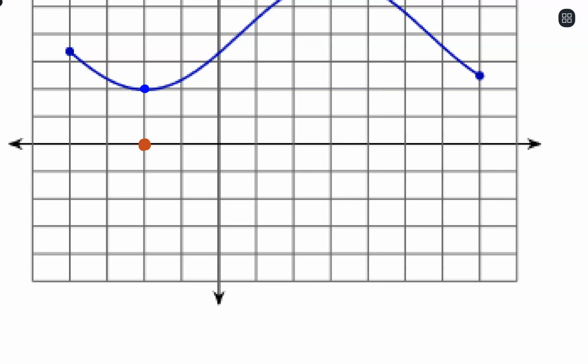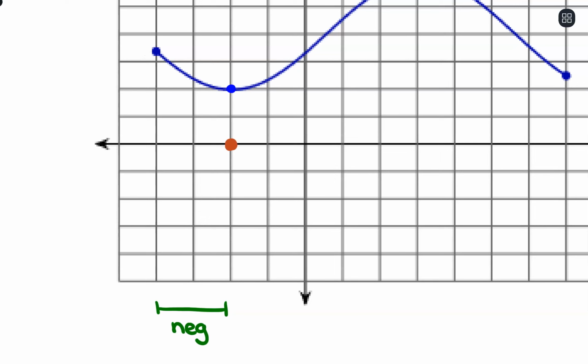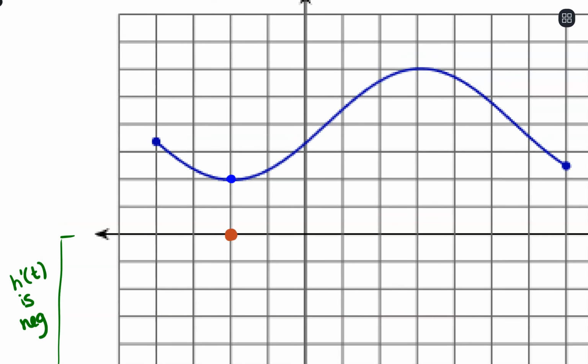I'll make a note that to the left of there we had negative slopes, which means we'd be graphing below the x-axis. If we graph below the x-axis, that's where our derivative is negative, or you could think of it as the slope is negative. And if we're graphing above the x-axis, that's where our derivative is positive.